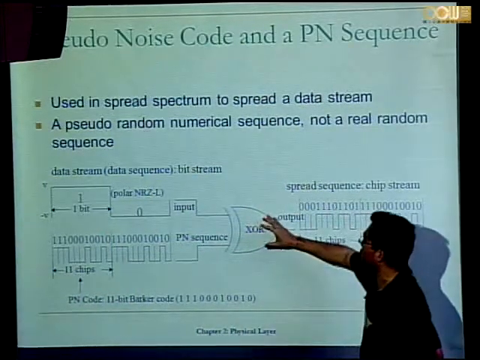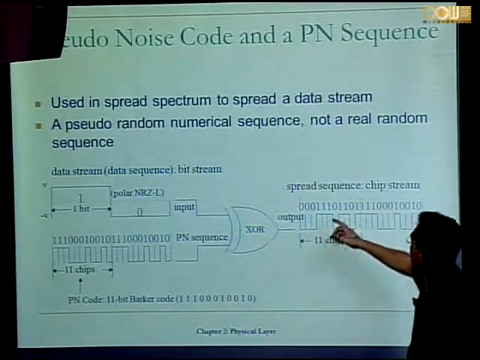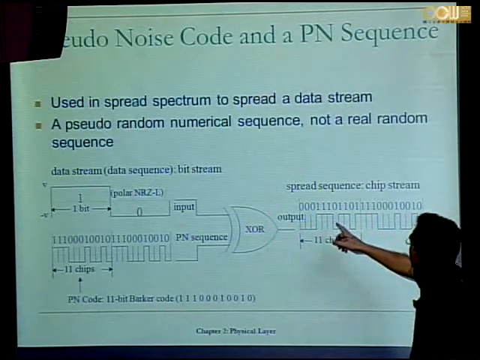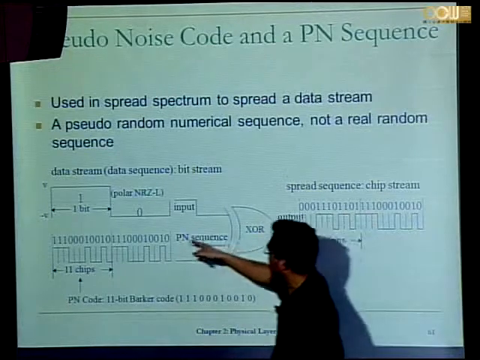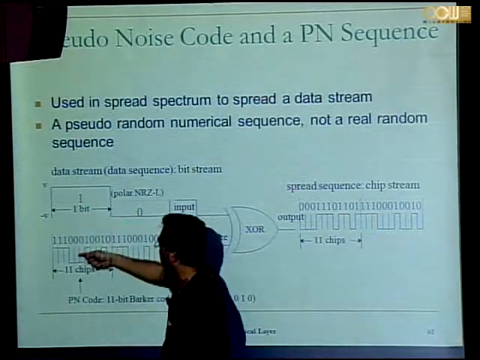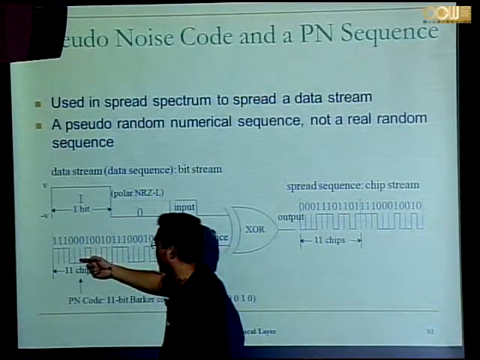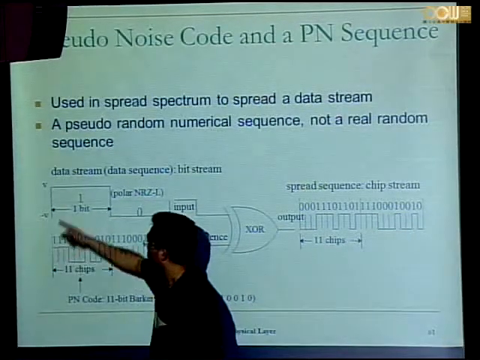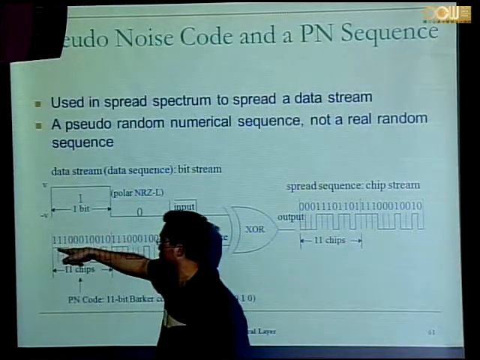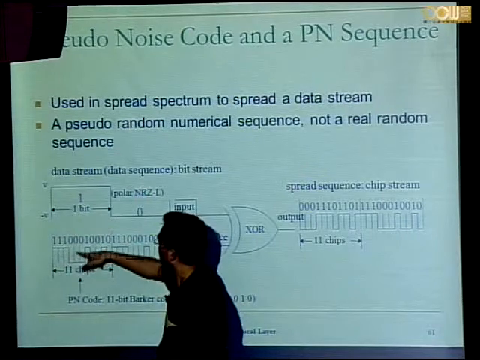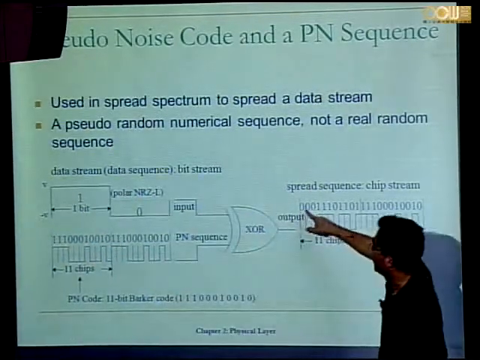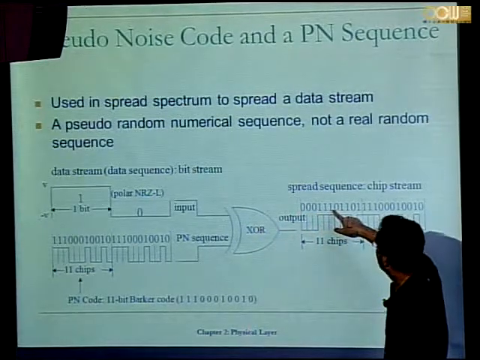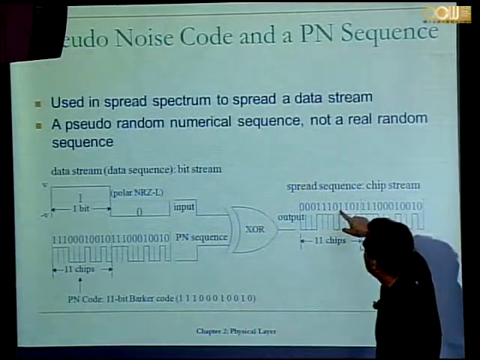I do exclusive OR together and I get this. See, for this, 1 exclusive OR with this: 1 and 1 exclusive OR will be 0, right? And 1, 0 will be 1. So I have 0 and then 1, and then 0.